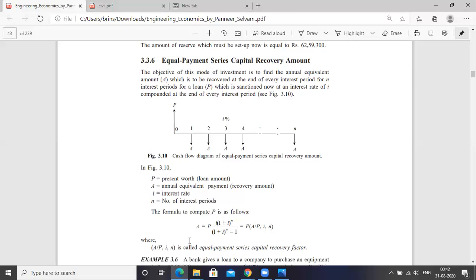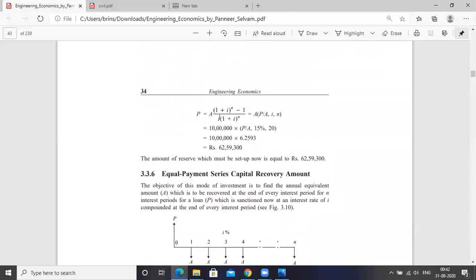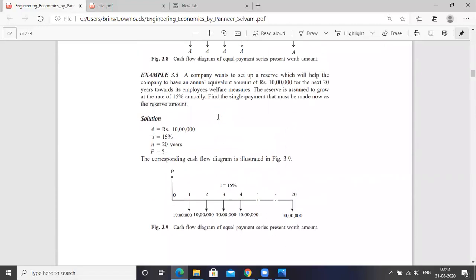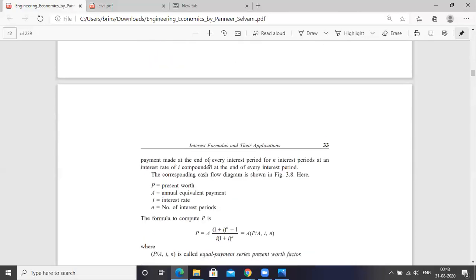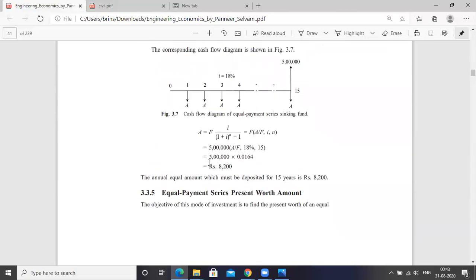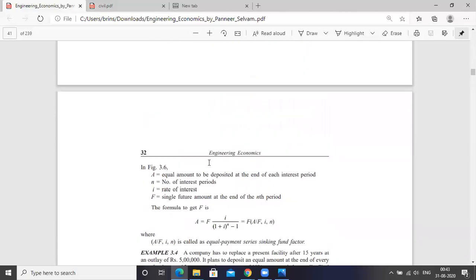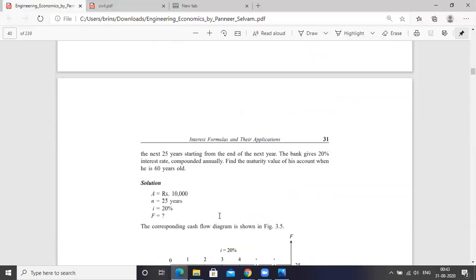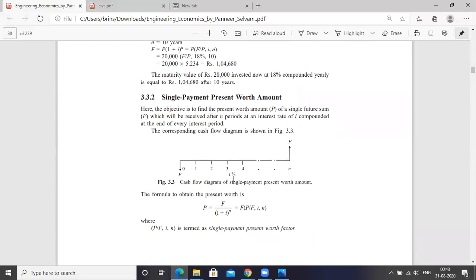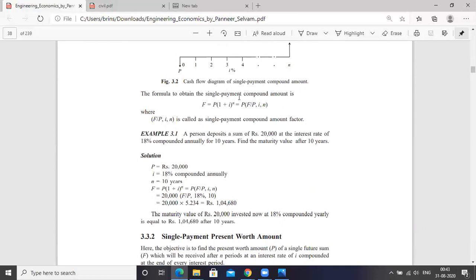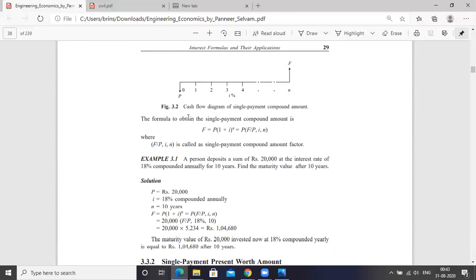So by substituting all these, you will get this A. So I think we know the factor, the sinking fund factor, along with this factor, that is your single payment compound factor.